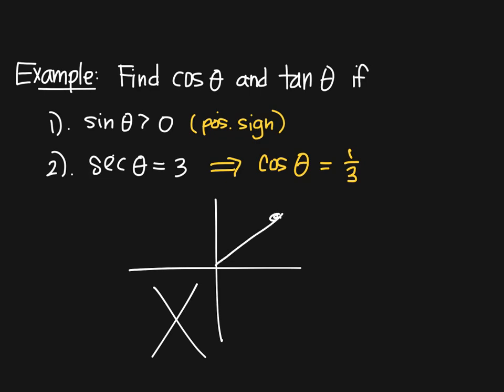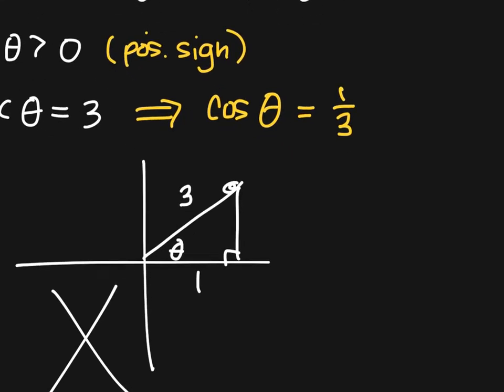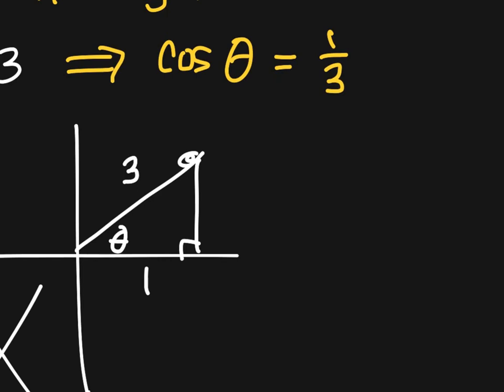Let's put 1 in there. I know that cosine is 1/3. Well, where does the 1 go, and where does the 3 go? Cosine being 1/3, 1 should be assigned to the adjacent side, 3 should be assigned to the hypotenuse side. That leaves one side left.